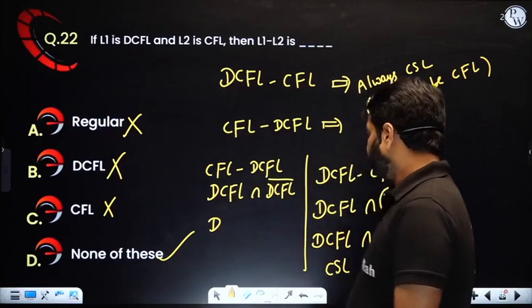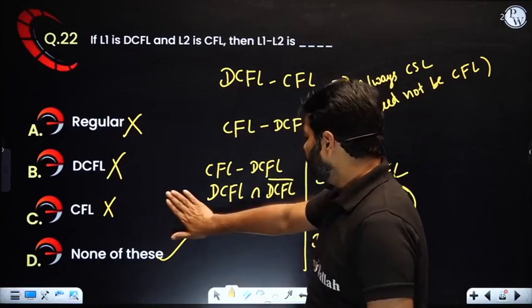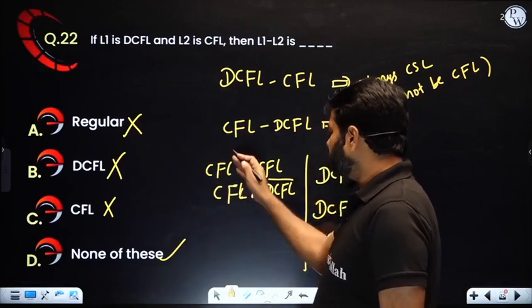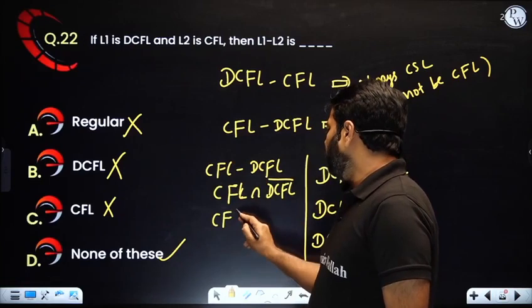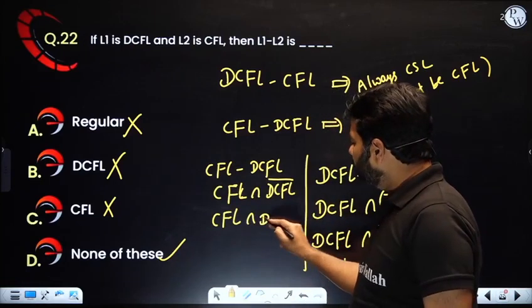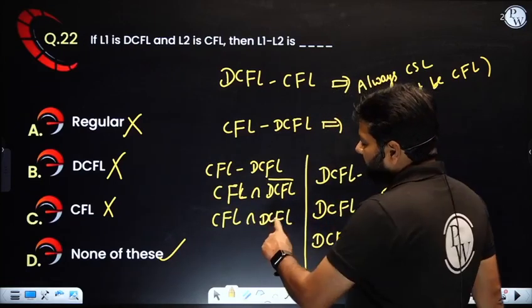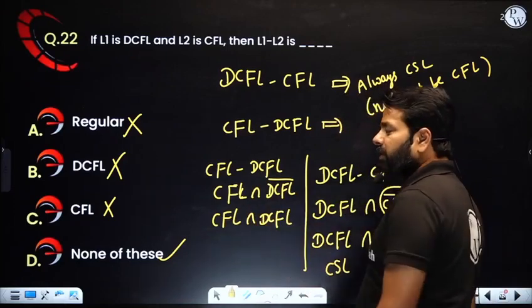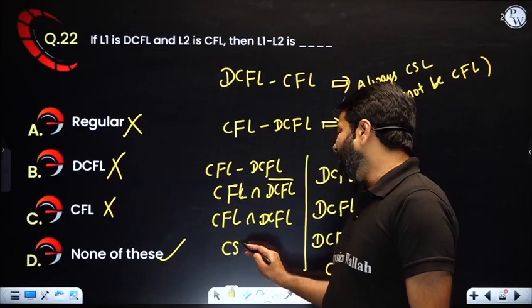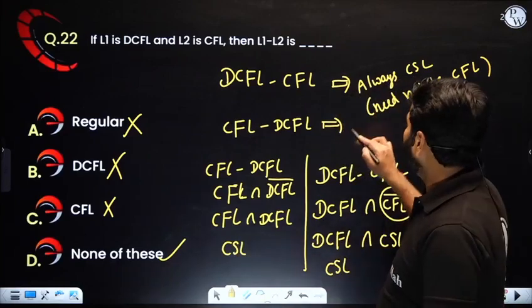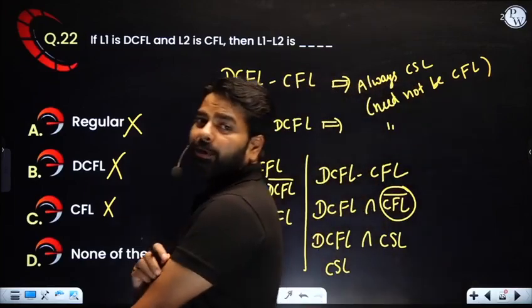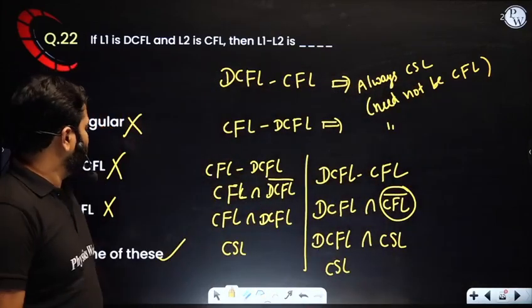Sorry, this is CFL, okay, just copy paste. CFL intersection DCFL complement is what? DCFL. But CFL intersection DCFL, CFL intersection CFL, DCFL intersection DCFL, this is always CSL, context sensitive language. So it is also going to be the same answer. Always CSL, but need not be CFL, need not be DCFL. Okay.